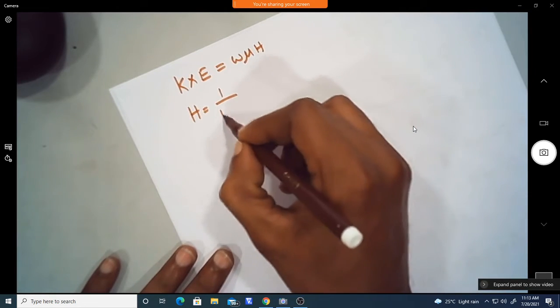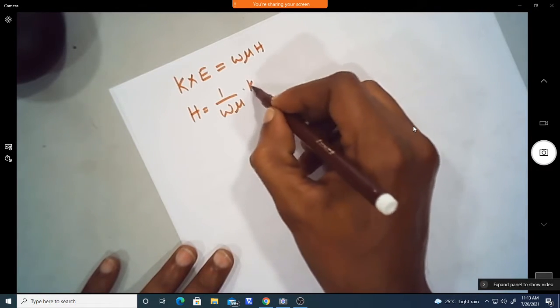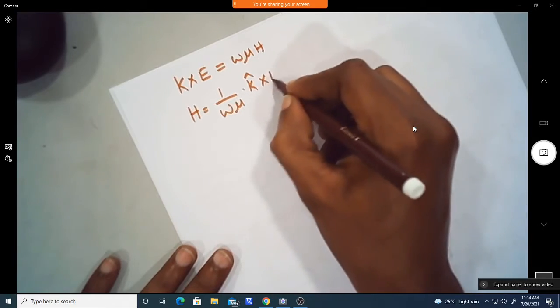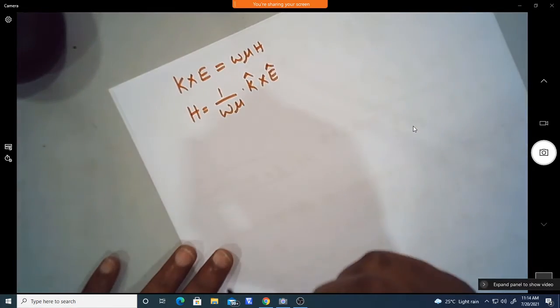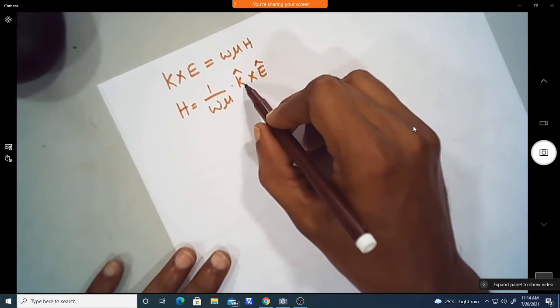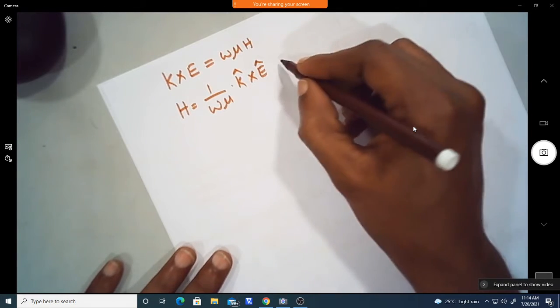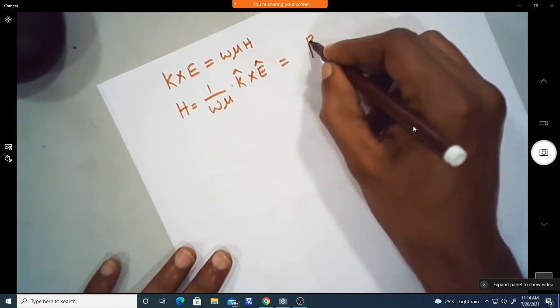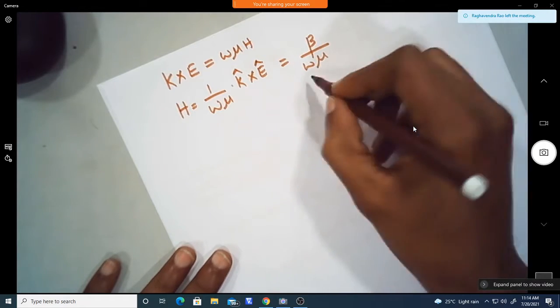That is 1 over omega mu times k cross E, the vector k and the electric field vector. Since it is a lossless medium, we can replace k with beta, so beta by omega mu.